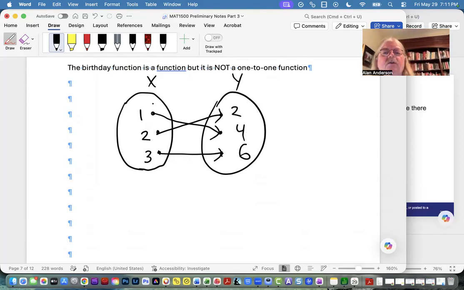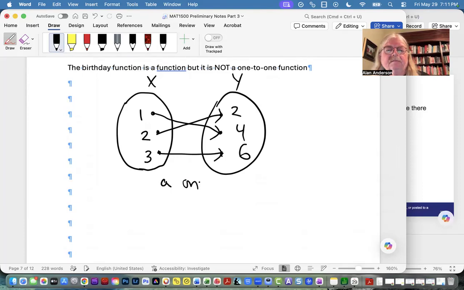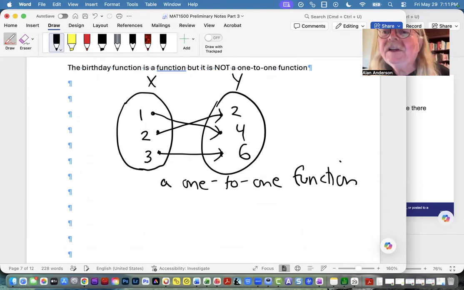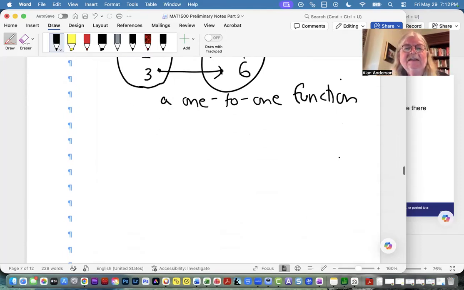So this is a one-to-one function. And how about a real world example?